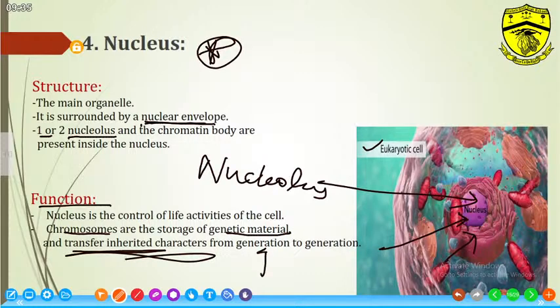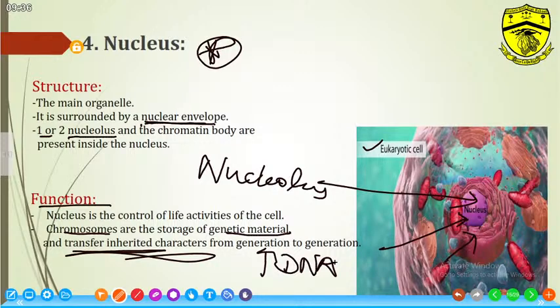The DNA is also present, so that it transfers the genetic characteristics. The circular DNA is present in prokaryotes, the linear structure is present in eukaryotes. The cell division also occurs in nucleus. The cell division helps for the growth of organism.